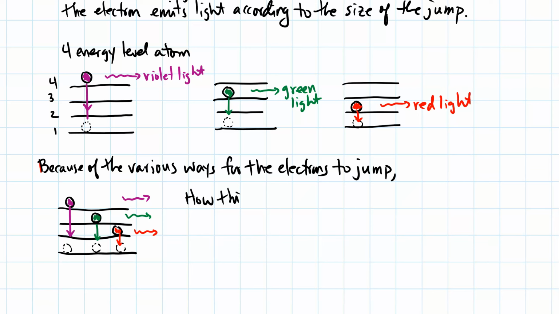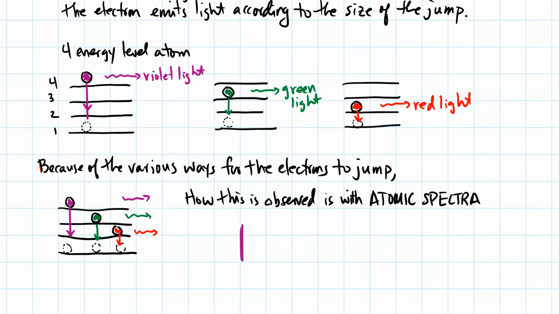How this is observed is with atomic spectra. And what you would see then is that you would see 3 lines corresponding to each of these colors.